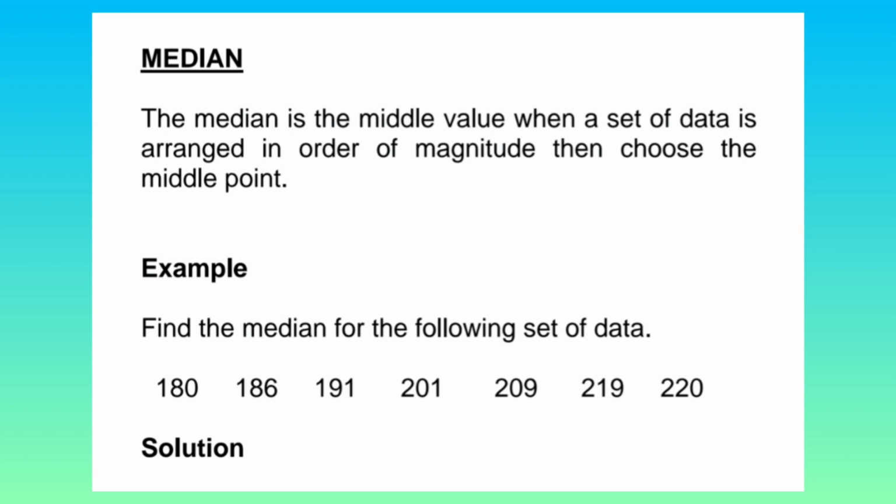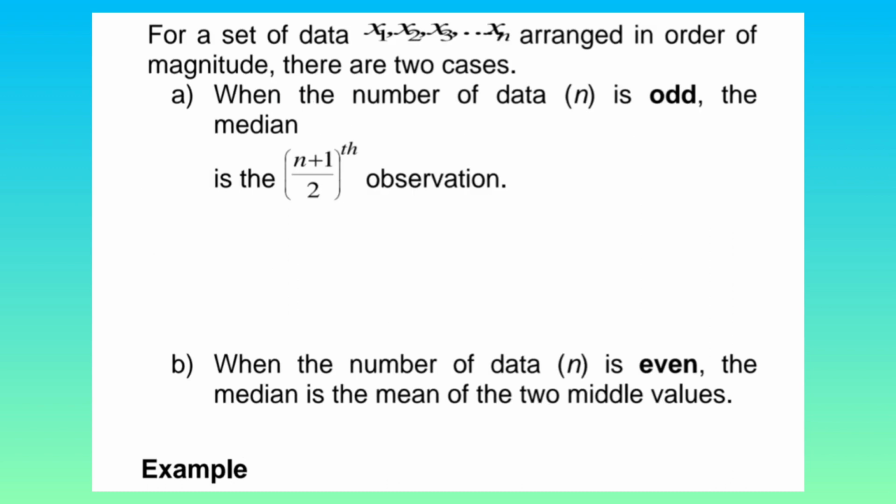Okay, next. Median for ungrouped data. The median is the middle value when a set of data is arranged in order of magnitude. Then choose the middle point. For a set of data S1, S2, S3 until Sn, arranged in order of magnitude, there are two cases.